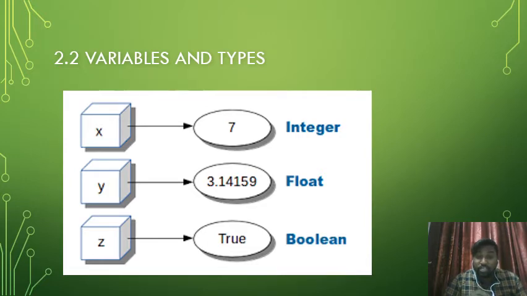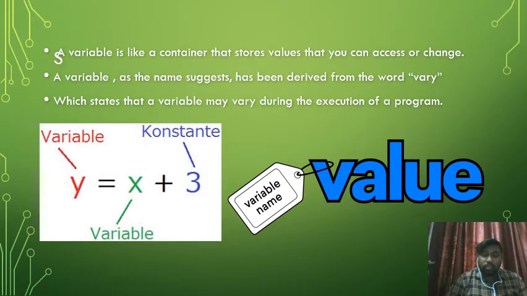So these are all the types of money. Similarly, we have variables and types. We can store values in variables according to their type. Those things we are going to learn in this class. Now let's see the definition of a variable.